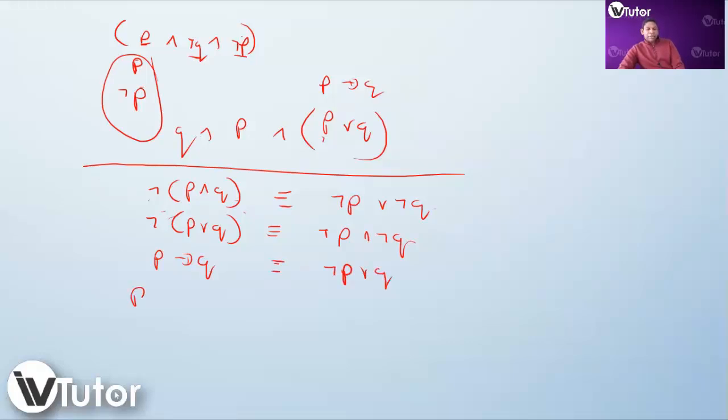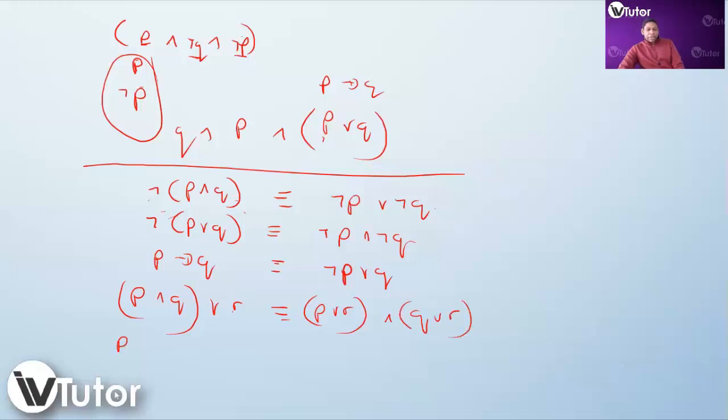Also, if you're given P and (Q or R), for example, this distributes as follows: it becomes (P and Q) or (P and R).